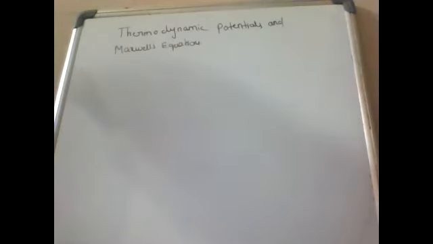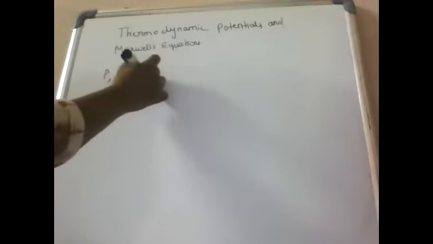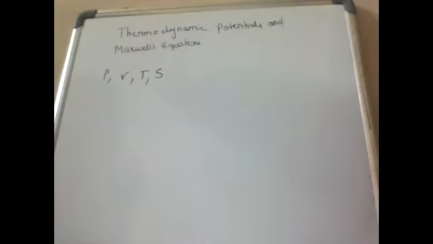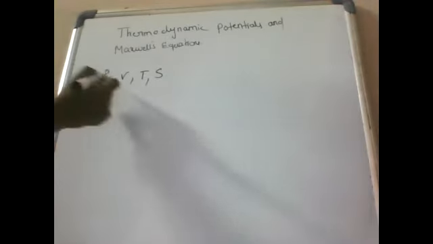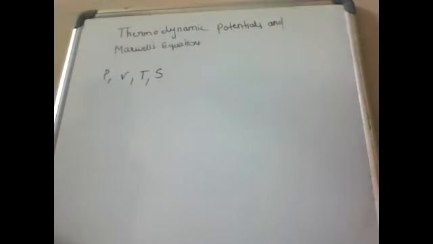The thermodynamical state of a system may be represented in terms of certain selected variables like pressure, volume, temperature and entropy S. So any system, in any state, initial or final, we can represent with pressure, volume, temperature and entropy.